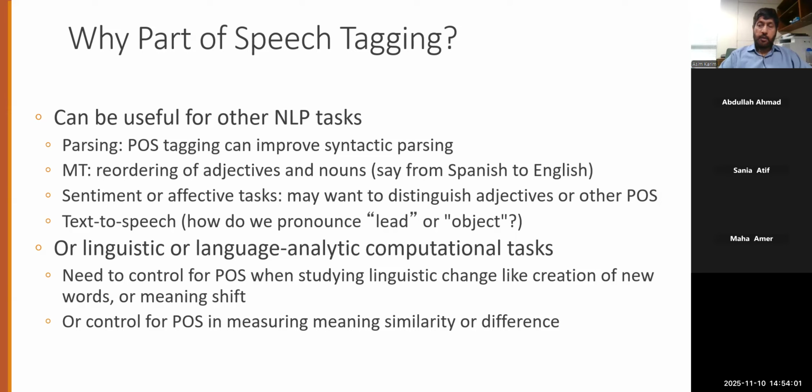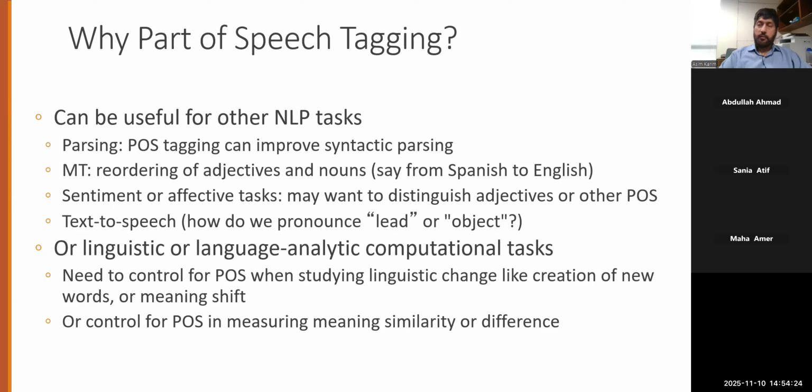So text to speech, which is speech synthesis. So live and live, for example, I have given this example before. Live as a verb is pronounced differently. Live, I think, would be an adjective, live match, for example.